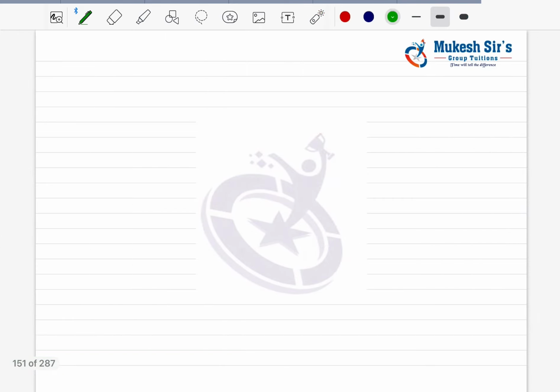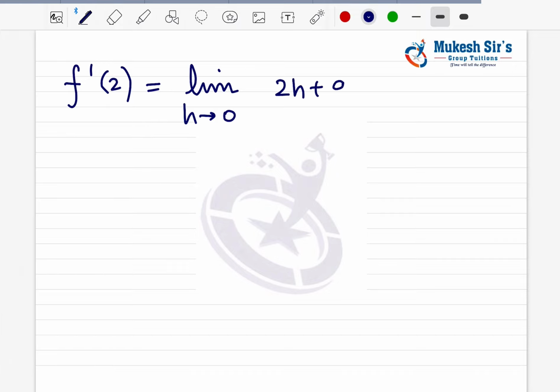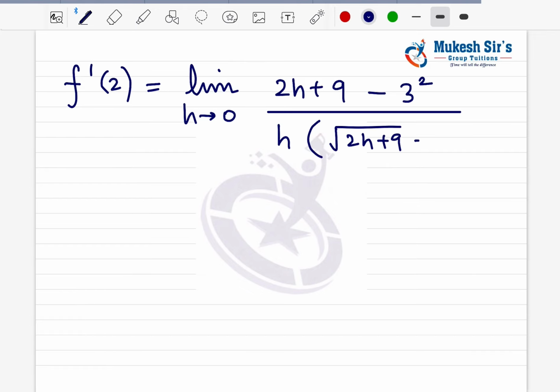So that'll give you f dash 2 will be equal to limit of h tends to 0, the square of root of 2h plus 9 becomes 2h plus 9, minus the square of 3, a square minus b square, the whole divided by the denominator, which will have h and root of 2h plus 9 plus 3, right?